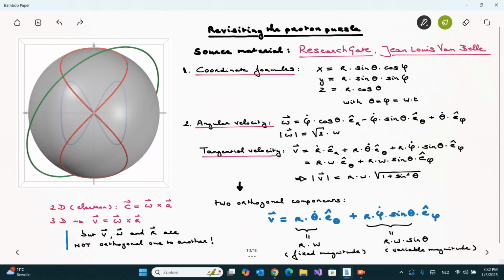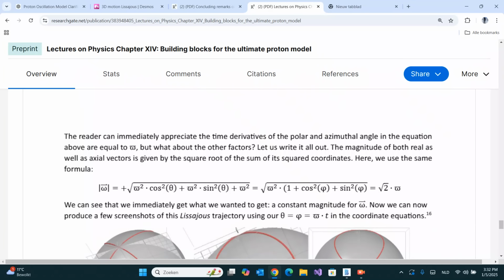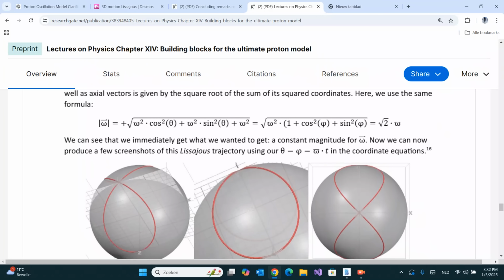So that simplifies the expression an enormous lot. I did that in the paper. Here I simplify that. I calculate this thing, and you can see we're applying the standard formula for the magnitude of a three-dimensional vector here, and we arrive at this result.